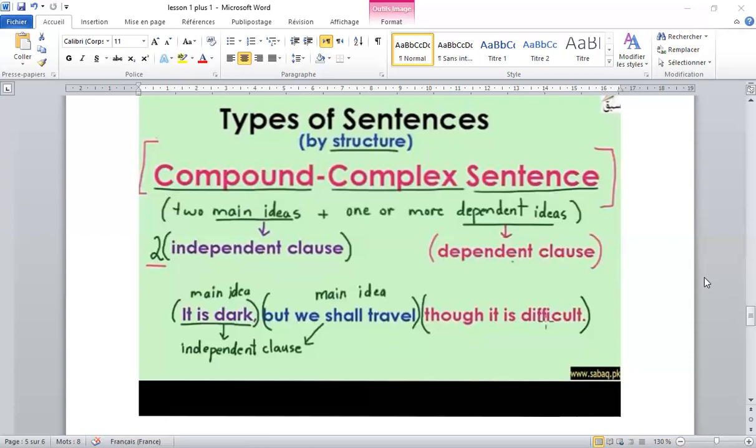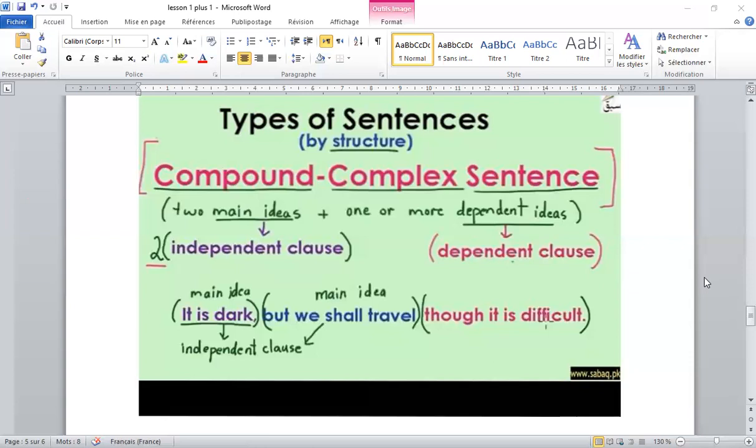We can't understand what though it is difficult means. So this sentence with the red color gives no sense on its own. That's why we call it dependent or subordinate. It's not essential. It's not main. It's not independent.